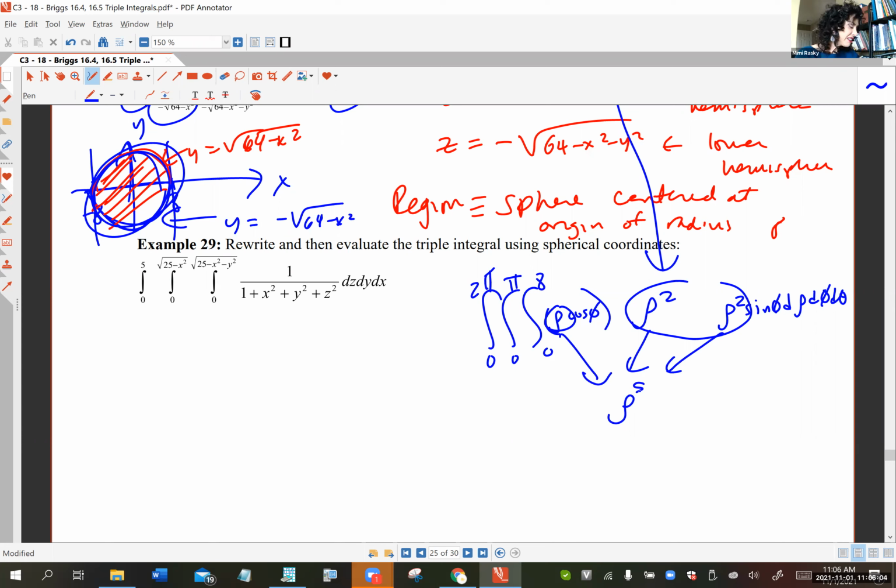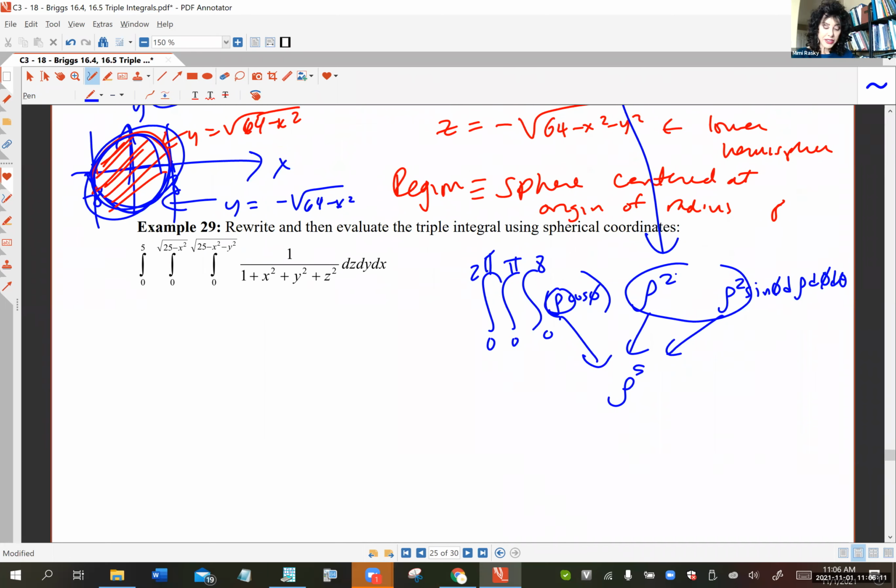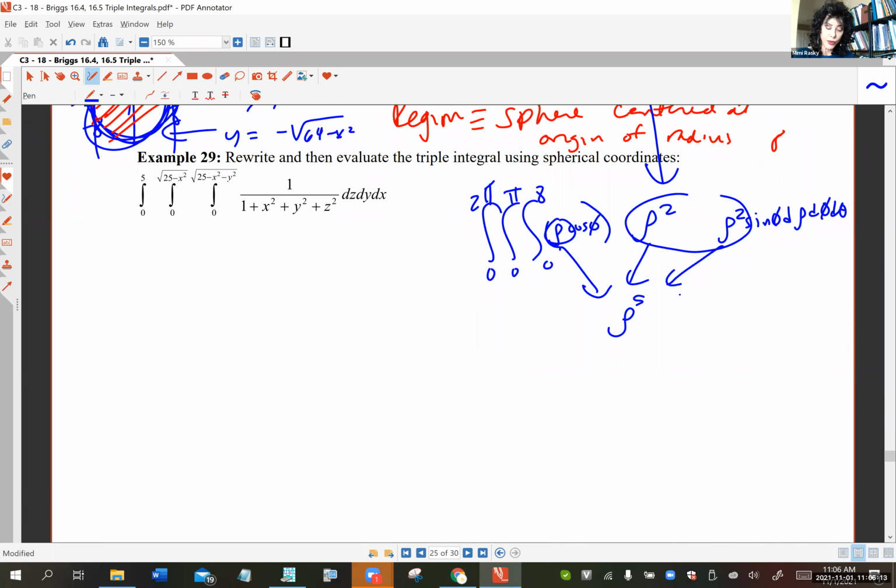Well, maybe I should say something about this. If you had to evaluate this integral, integrating with respect to rho is pretty easy because the antiderivative of rho to the 5th is rho to the 6th over 6. And you would evaluate that between the limits of 0 and 8.